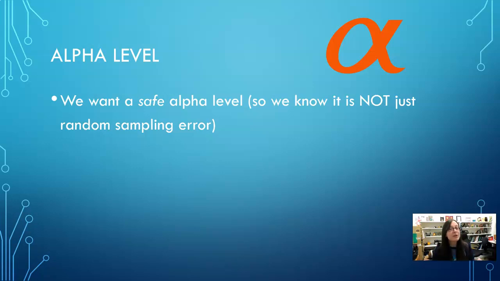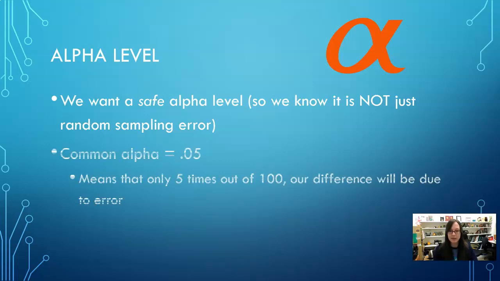There's much more likelihood that there's something real going on here. The farther out into those tails you have to go, the safer your alpha level is, and the more confident you can be that when you found a real difference, it actually is a real difference. So we want a safe alpha level, to make sure that if it passes that, we know it's not just random sampling error.